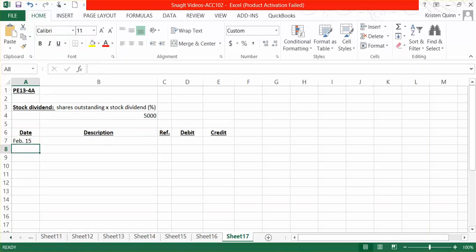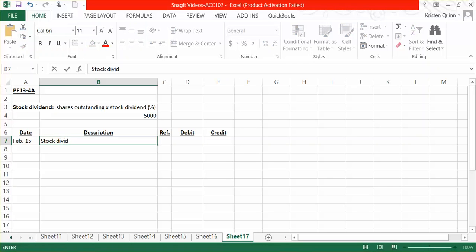On the declaration date, we need to do a journal entry because, again, it becomes legally binding to the company when we declare that dividend. We're going to debit stock dividends. This is an account that reduces retained earnings. Remember, retained earnings is an equity account, so it increases with a credit, and it is showing how much we've retained of our earnings in our business.